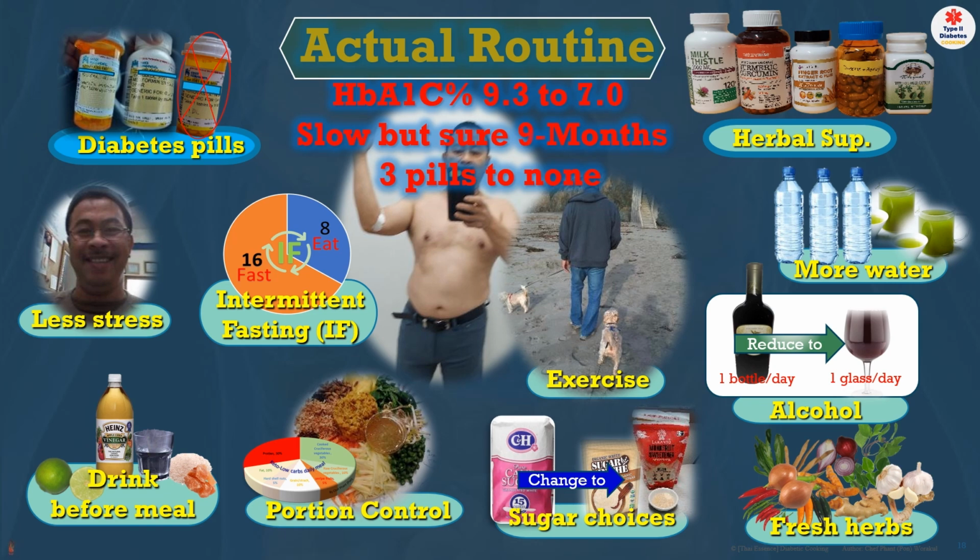That's the experimental portion control that I created. I don't think I have seen anybody doing it, but I did that, and you're welcome to learn that, because it's going to help you with your routine for reversing diabetes, okay?